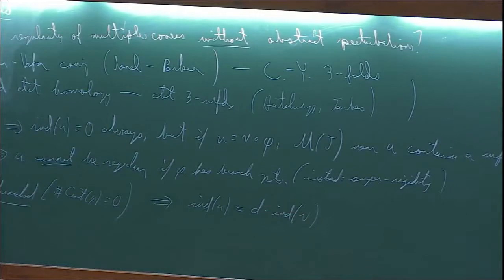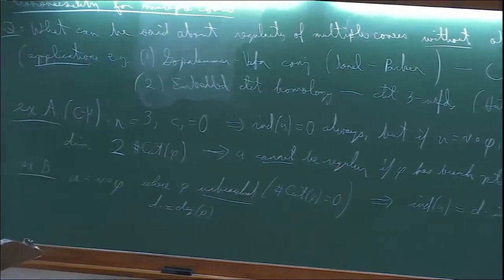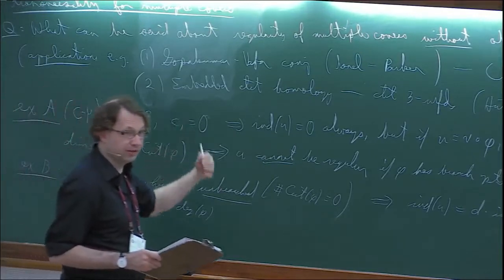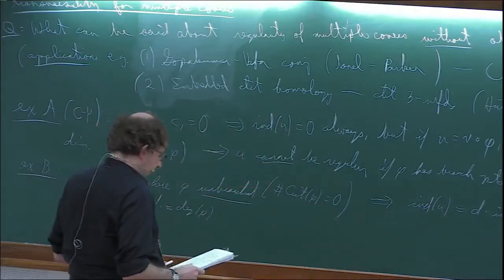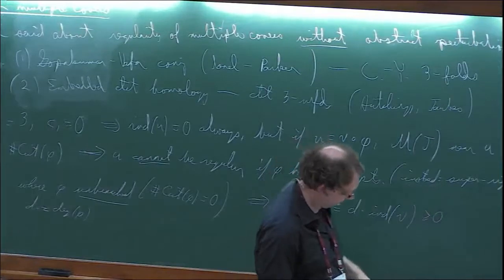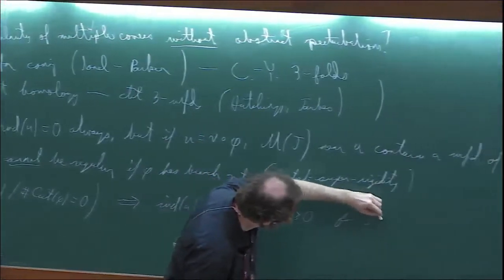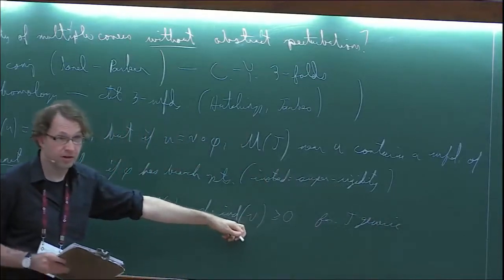So here d is defined as the degree of the unbranched cover. That's an easy consequence of the Riemann-Roch formula using the fact that phi is an honest covering map. It gives you a relationship between the Euler characteristics of the domains. So that's always a non-negative number if J is generic, because again, we know that the simple curve v is regular.